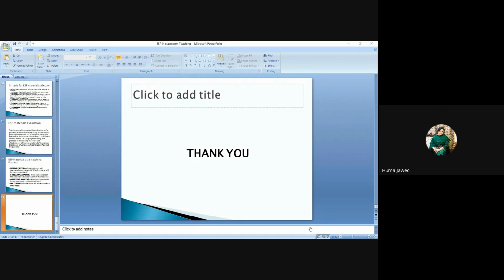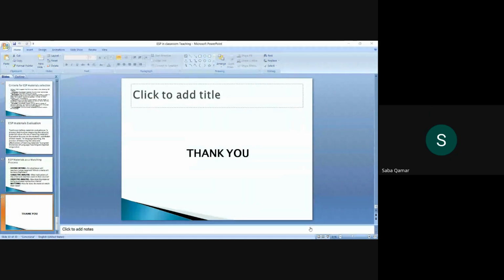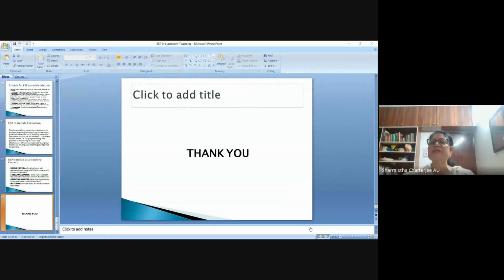The worksheets had match the following, one-line answers, choosing the correct answer. Through all that, those worksheets are the evaluative part, and when you are evaluating, you are also checking the progress.